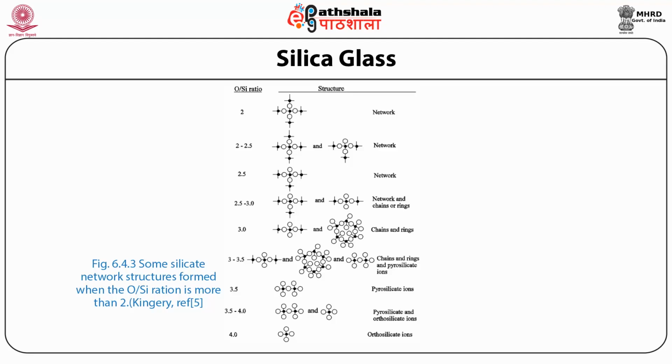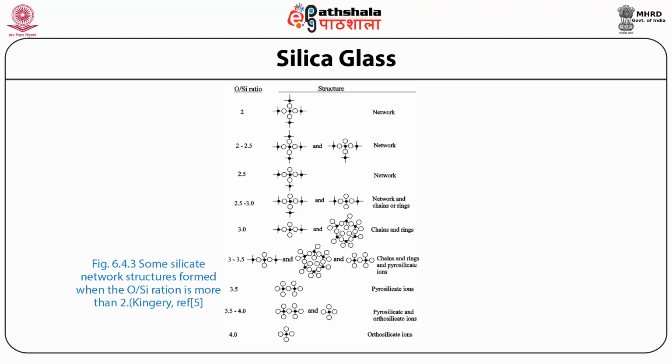One can observe that in the first case, the oxygen to silicon ratio is 2. This means that one oxygen is shared by 2 silicon. Remember that the open or hollow circles represent oxygen, whereas solid circles represent silicon.